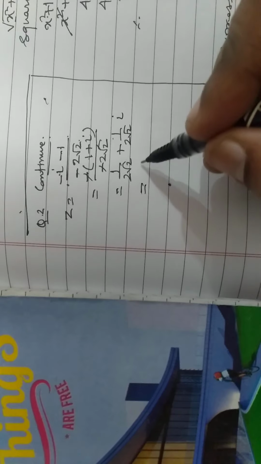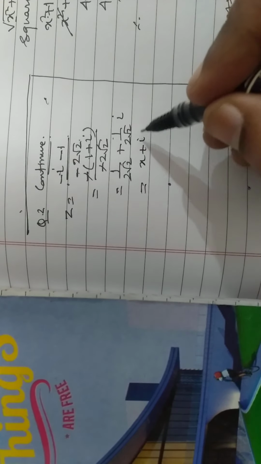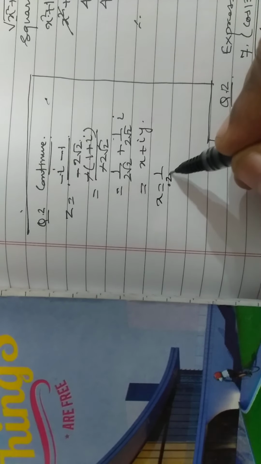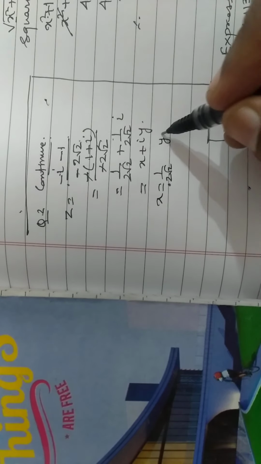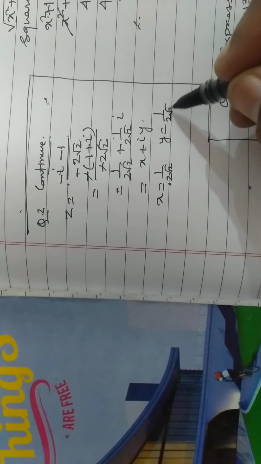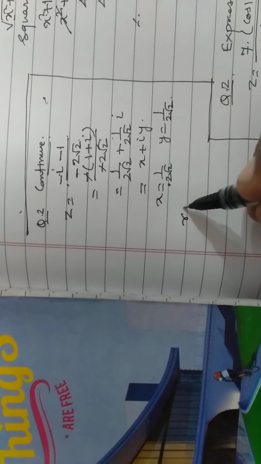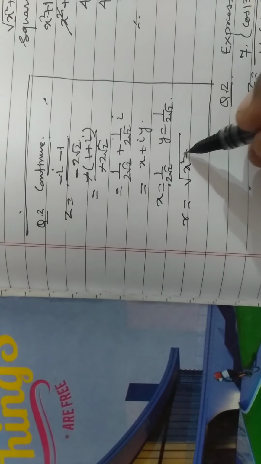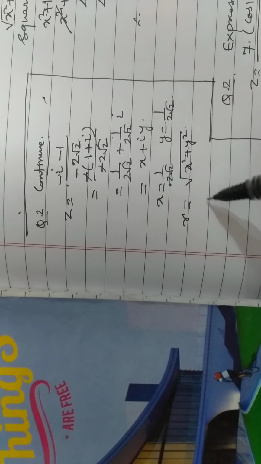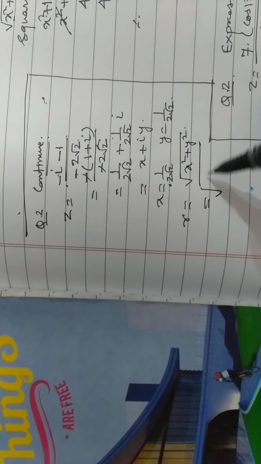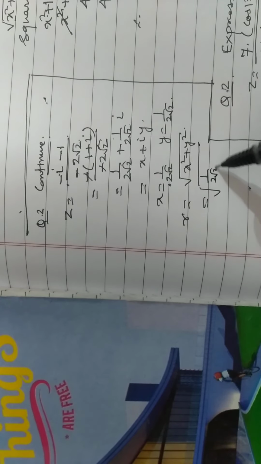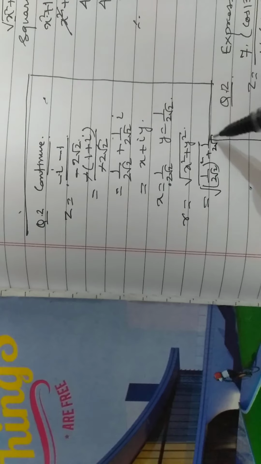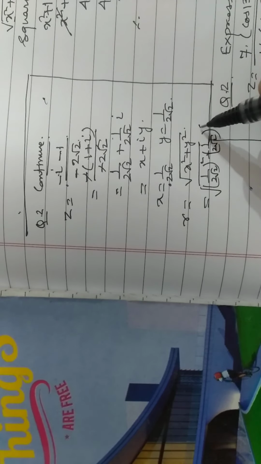Now it is in the form of x plus iy. So x is equal to 1 by 2 root 2 and y is equal to 1 by 2 root 2. Now r for the polar form is equal to root under x square plus y square. So it is equal to root of (1 by 2 root 2) whole square plus (1 by 2 root 2) whole square.